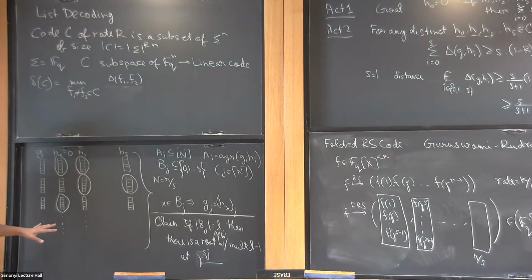So why is this? Let's justify this quickly. Let me focus on a fixed J, any column, any row. If I have L distinct circles here, suppose H0 was not in these circles.